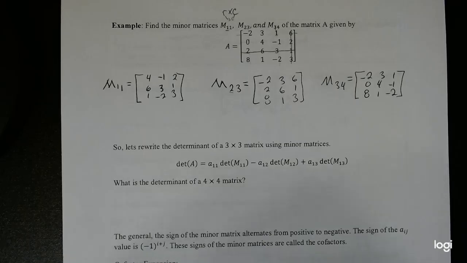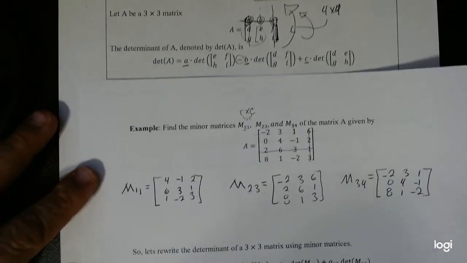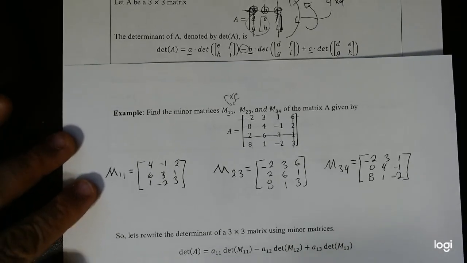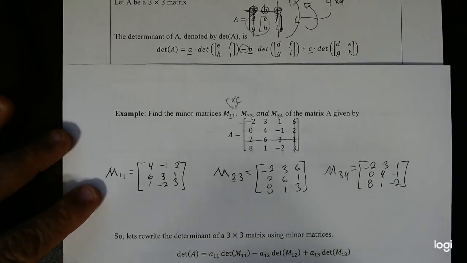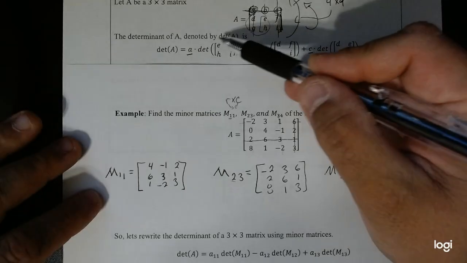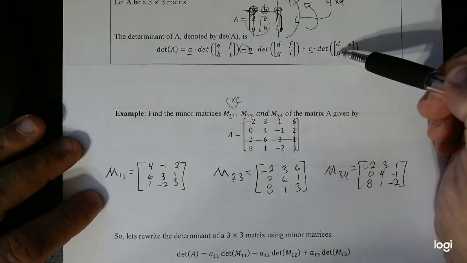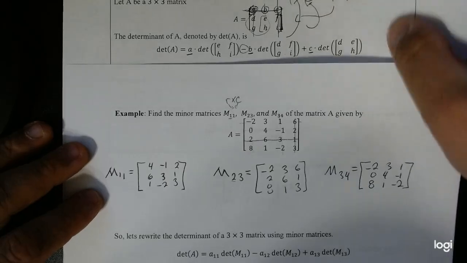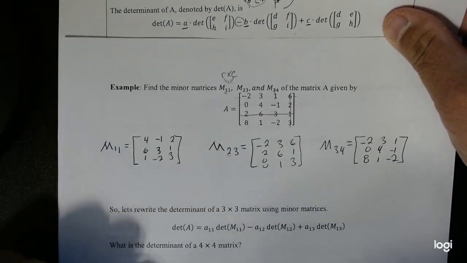So if we go back to our definition of our 3 by 3 matrix and getting this determinant, which is that equation there. Well, again, we can technically replace these matrices with their proper notation, which is right here.